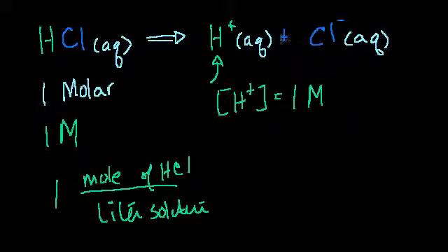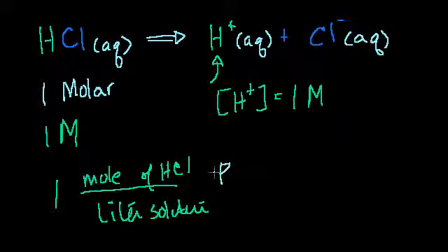We want to figure out, well, if I haven't said it already, it would be nice to figure out what the pH of this solution is now that I've thrown hydrochloric acid in it. Well, the pH is just the hydrogen concentration. So we already have the hydrogen concentration. That's 1 molar, or 1 mole per liter of solution.